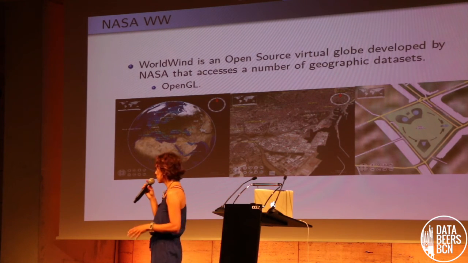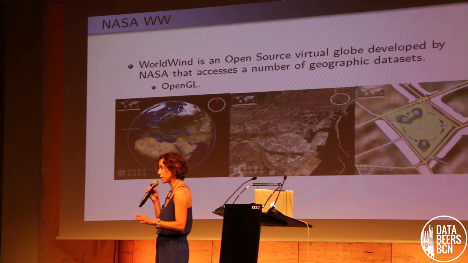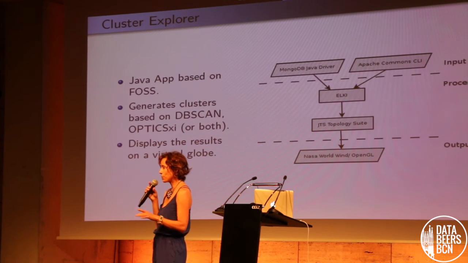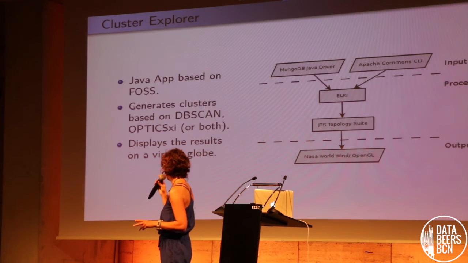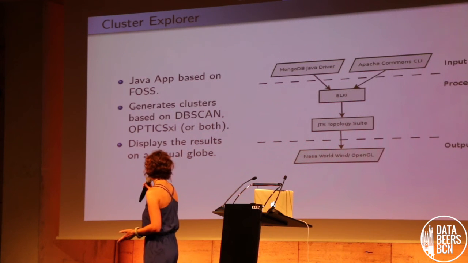Based on this, we built an application that generates a partition based on DBSCAN or OPTICS, or, because you shouldn't have to choose between the best of both worlds, based on both of them. And it displays the results on top of the virtual globe.